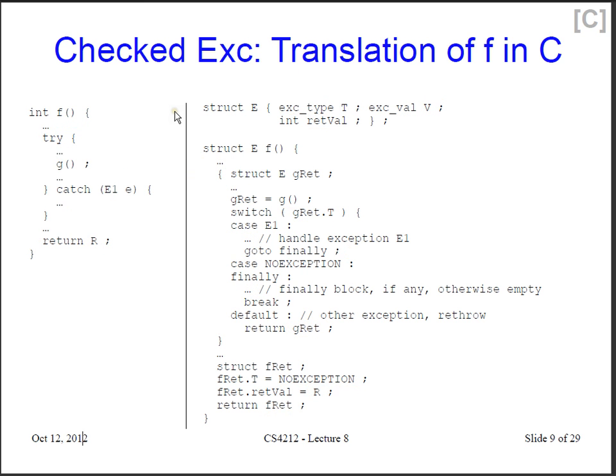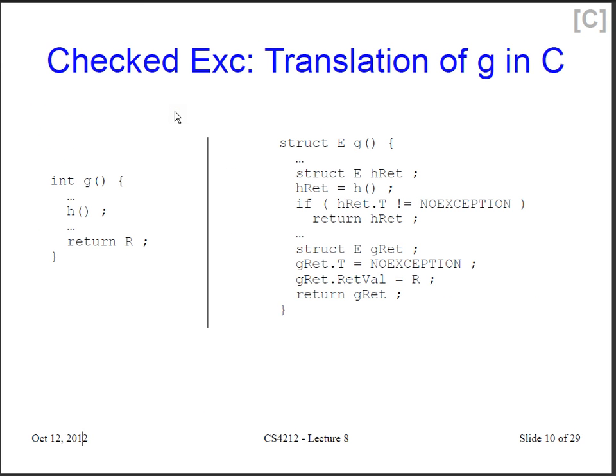Okay, now the interesting aspect, which is actually to a certain extent not so flexible and not so modular, right? It's not necessarily a good option for modular design, is that in the translation of G, we still have to instrument G. See, G is not concerned with what happens inside H. It may want the return value of H. Let's say we have an RH here that may represent the return value of H. Then it doesn't want to be concerned with the fact that H throws an exception.